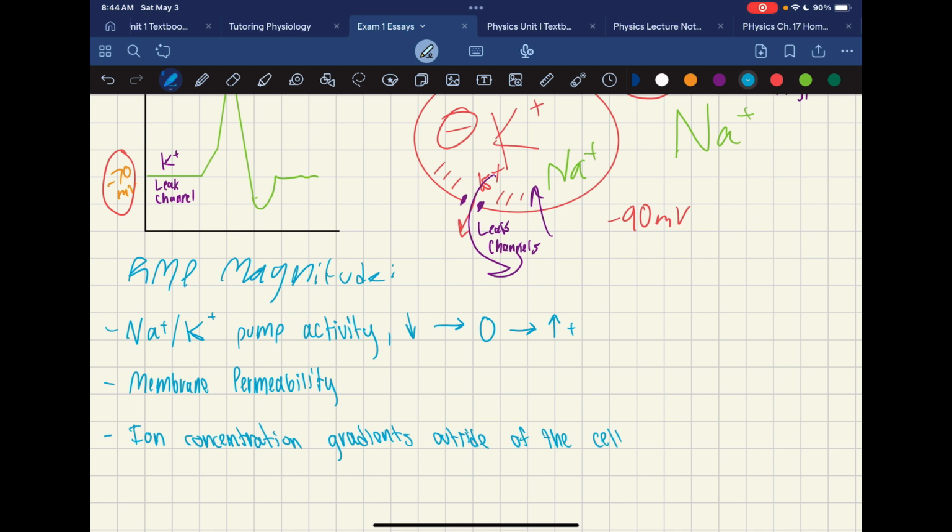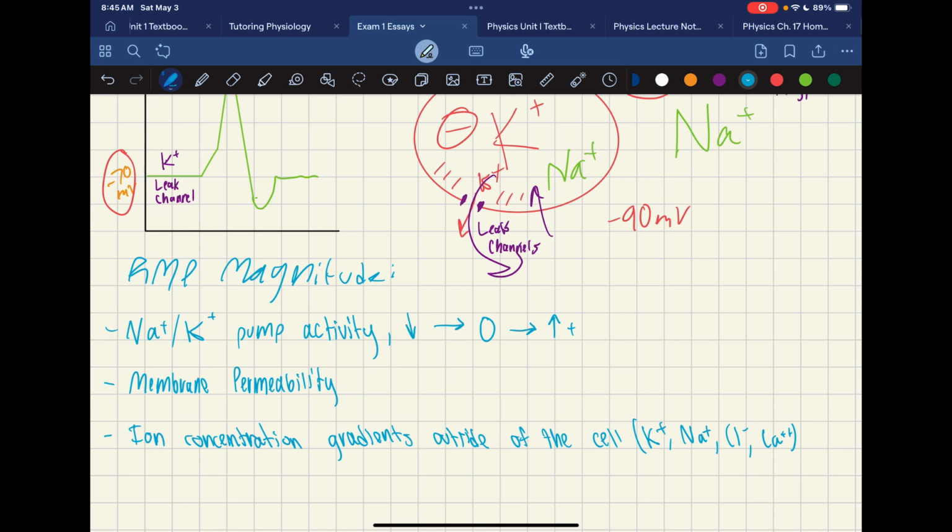Just like how we can see that potassium will, sodium will, chlorine will, calcium will play a big factor in altering the RMP. So we kind of talked about all those things.